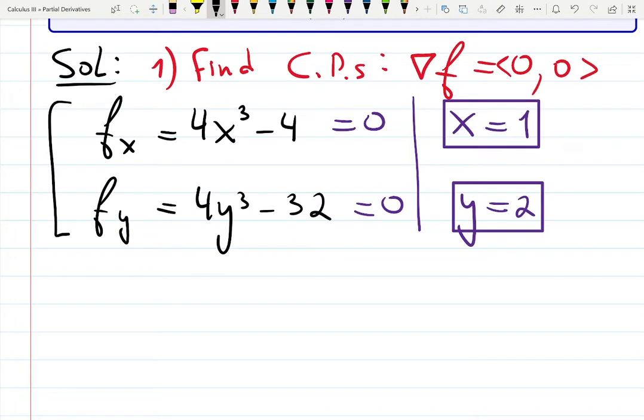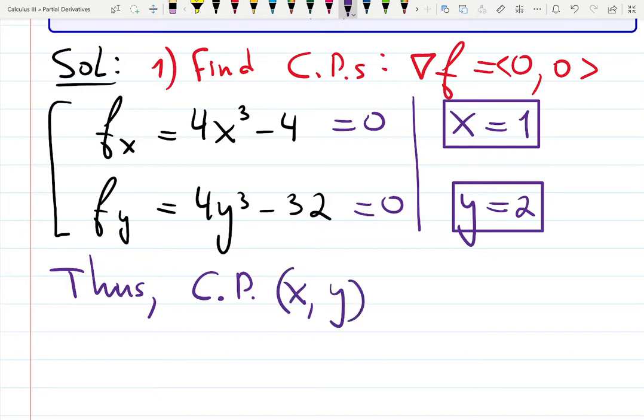So is it 2 points or is it 1 point? It's one critical point. Thus, it's one critical point with coordinates (x, y) equals (1, 2). So it's a location in 3D. That's what we just did.